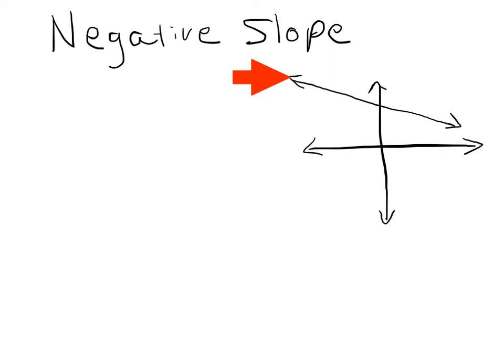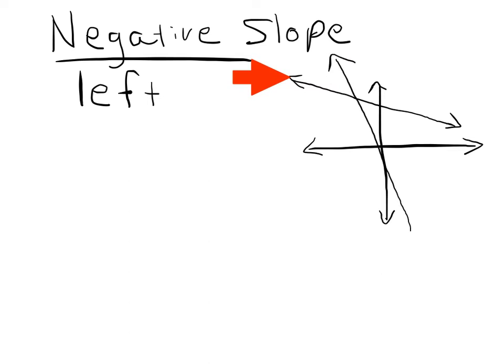Anytime we put our pencil at the bottom and trace a line up and it's going to the left, so for a negative slope, as we trace it up, it's going to the left, we know that that is a negative slope. So I could draw another line. If I have a second line right here that looks like this, I'm going to do another arrow.